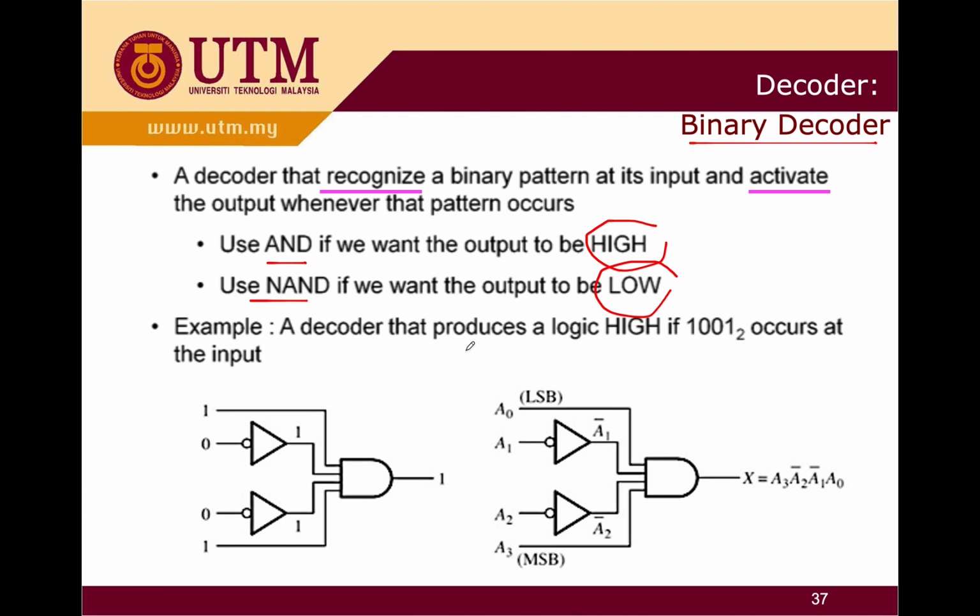This is an example of a decoder that produces high if, let's say, you have 1001, the base 2 binary, at the input. So this is the example of your decoder, what you're going to get afterwards.